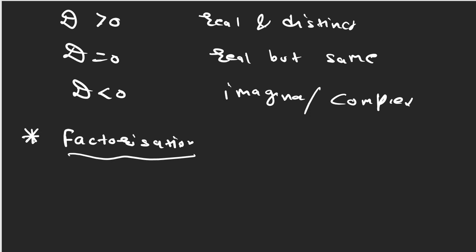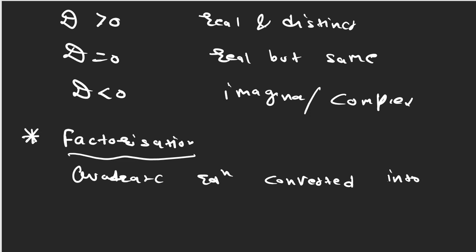So what is factorization? Whenever we have a quadratic equation, we try to convert the quadratic equation into a product of linear equations, and then every factor will be equated to 0.